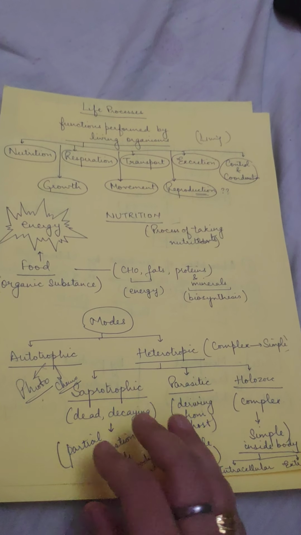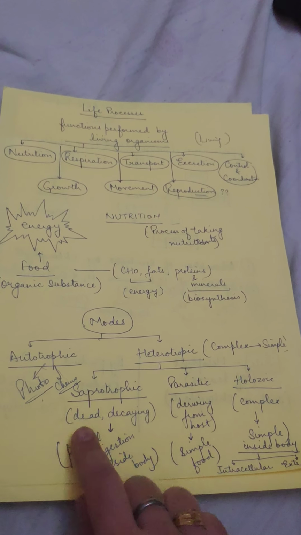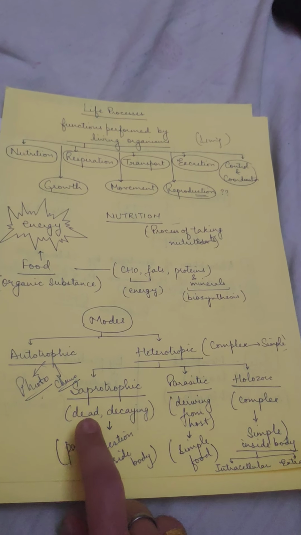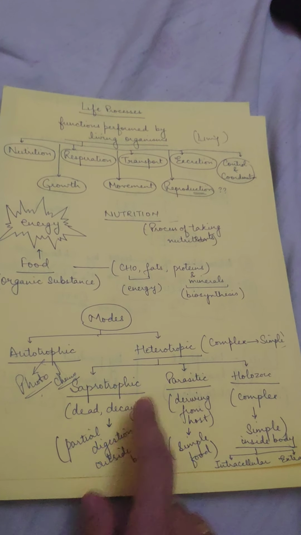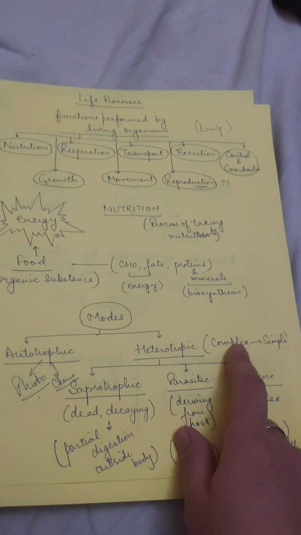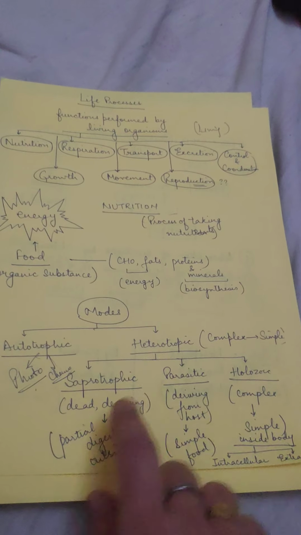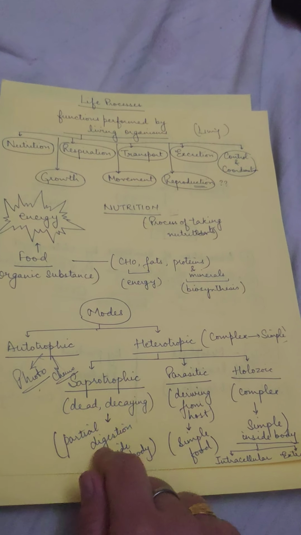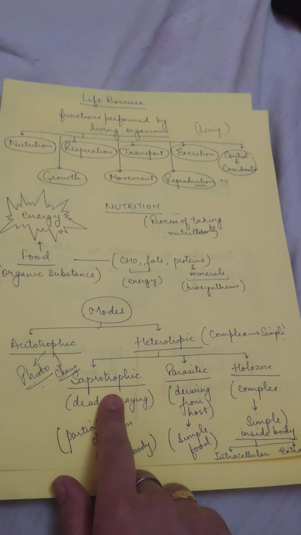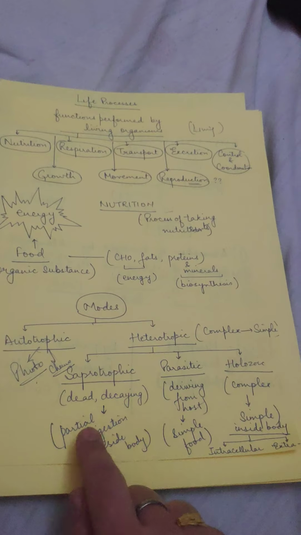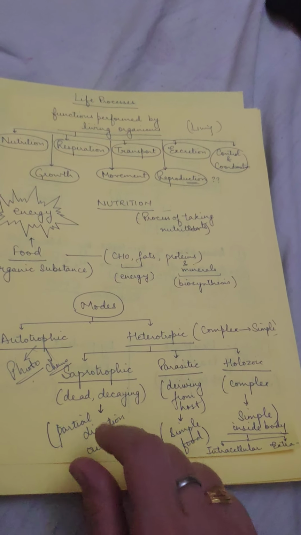Because saprotrophs rely on dead and decaying organisms, and of course if an organism is decaying, the complex food will break into simpler forms. It will not have broken down completely, but partially it does break down, and the rest of the breakage of that food into simple form is done by these organisms. So they will never feed directly on complex food; they will always take food that is already partially digested.